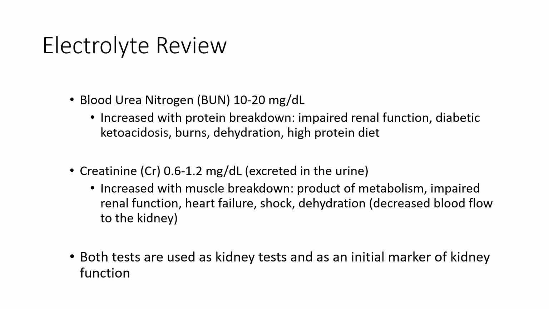What about heart failure, shock, and dehydration? Well, if you have heart failure, you're not pumping a lot of blood forward, so less blood is going to the kidneys. If you have shock, you're hypotensive, and if you have dehydration, you're hypotensive. So all of those just cause reduced blood flow to the kidneys.